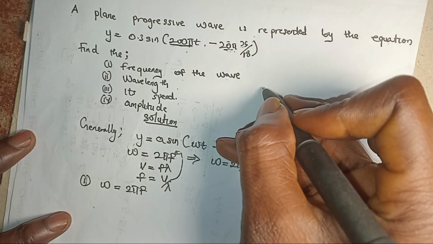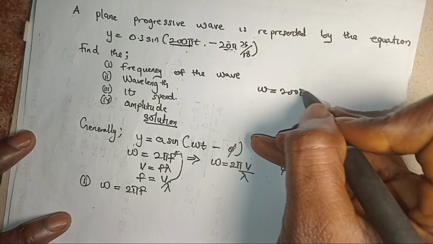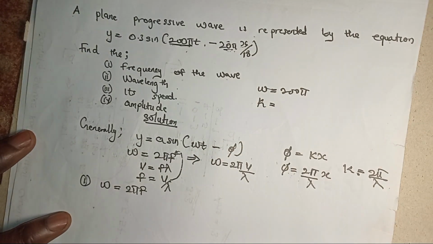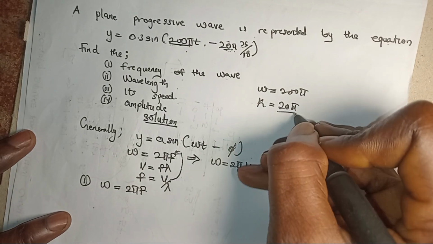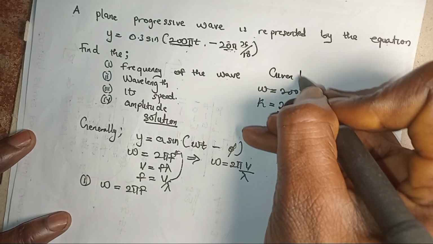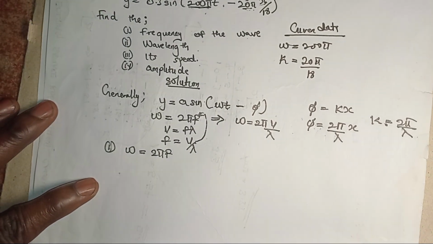So ω will be equal to 200π, and k will be equal to 20π upon 18. That is our given data.